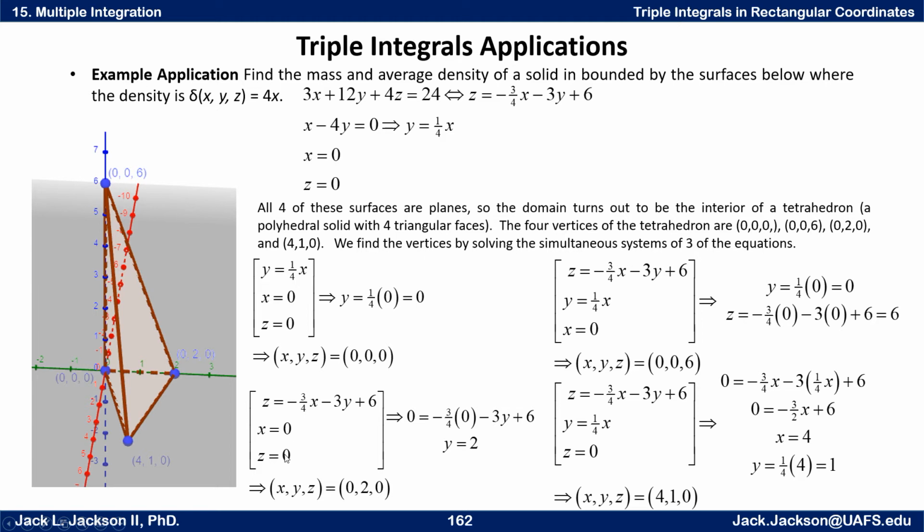So here, if x and z are 0, we substitute in 0 for x and z. This says 0 equals negative 3y plus 6, so that gives us y equals 2. So that's 0, 2, 0. That's this vertex right there.